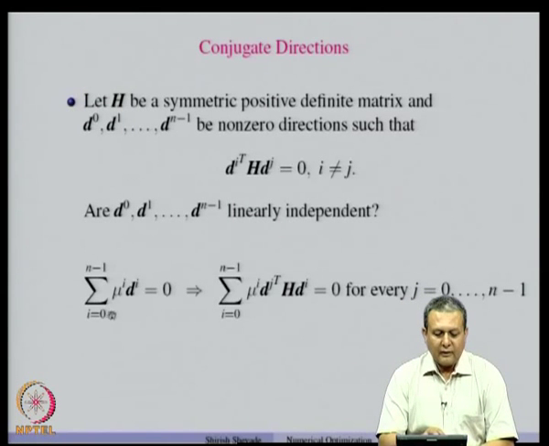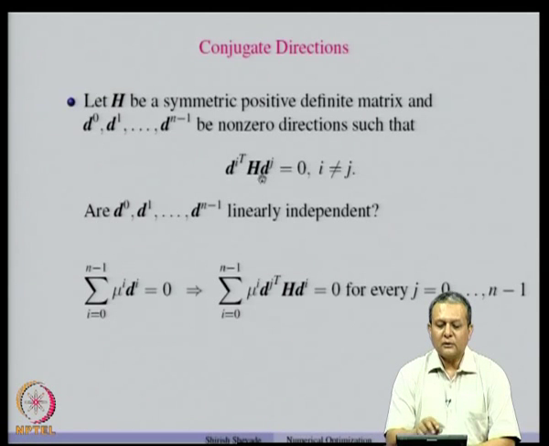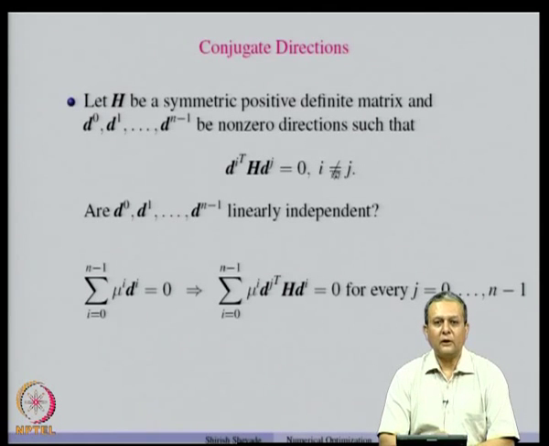So, let us consider this sigma mu i d_i to be equal to 0. Now, that implies that if you multiply throughout by d_j transpose H, what we get is sigma mu i d_j transpose H d_i equal to 0 for every j going from 0 to n minus 1. Now, we know that d_i transpose H d_j is equal to 0 for all i not equal to j.